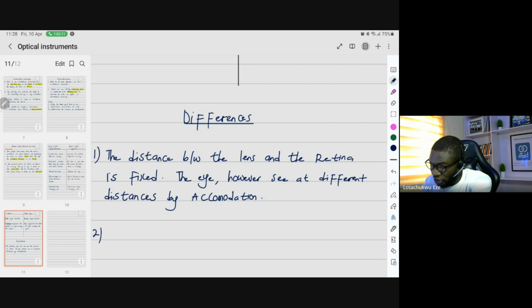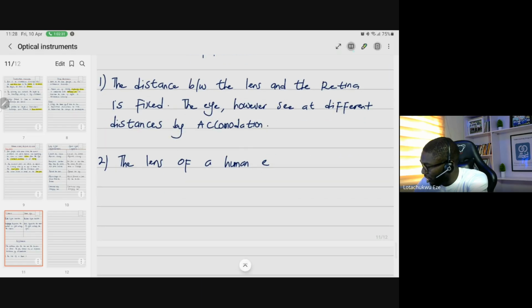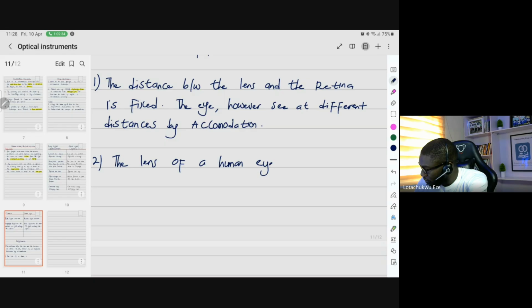But for the camera it is not fixed. Now the lens of the human eye has a variable focal length. So the lens of a human eye has a variable focal length, but that of the camera is fixed.